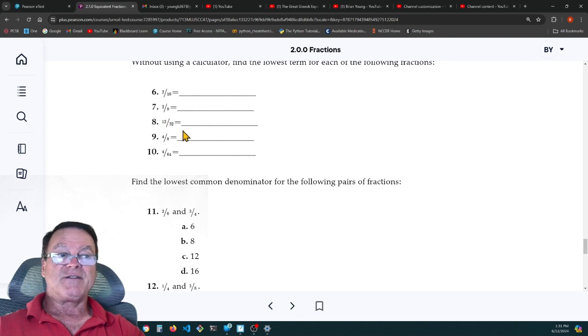So we get 3/8. 4/8, if we divide by 4/4, we'd get 1/2. 4/64, if we divide by 4, we'd get 1/16. 4 divided by 4 is 1, and 64 divided by 4 is 16.